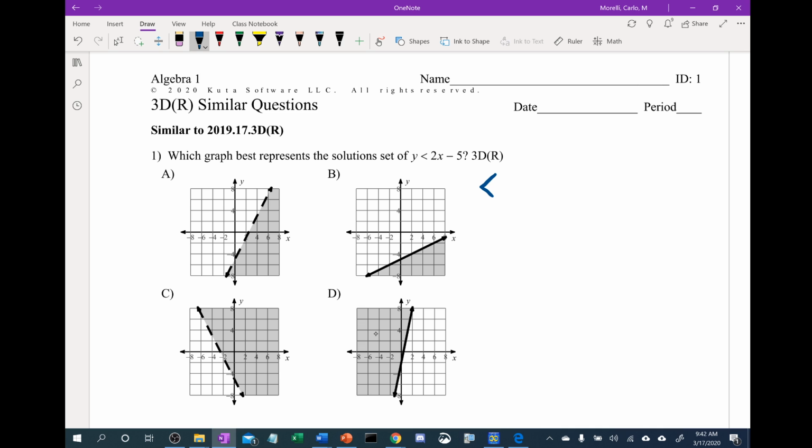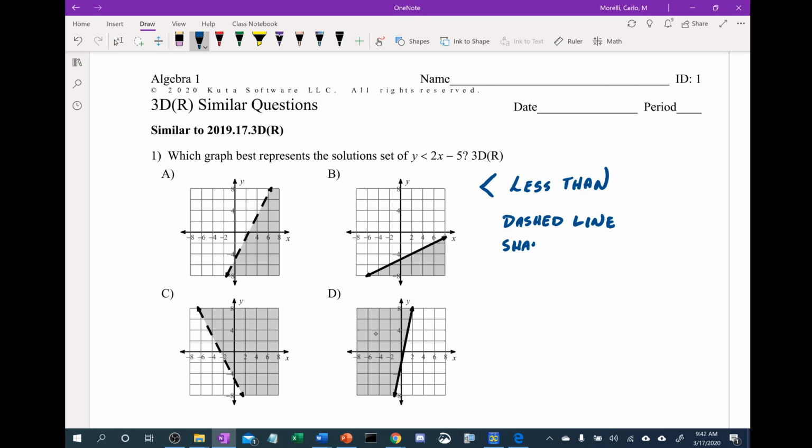That symbol is the less than symbol. And what that indicates is that we're going to have a dashed line and the shading will be below the line.